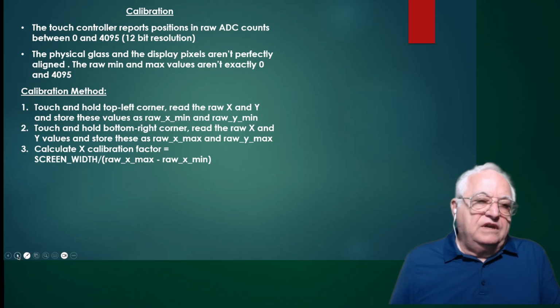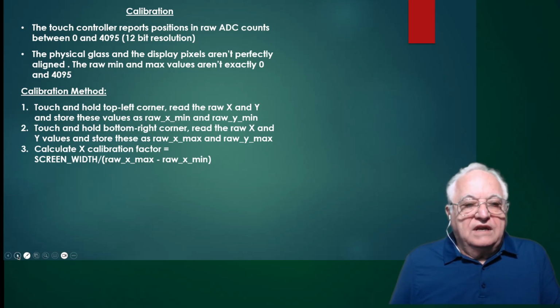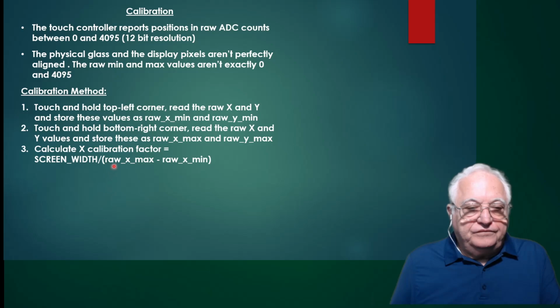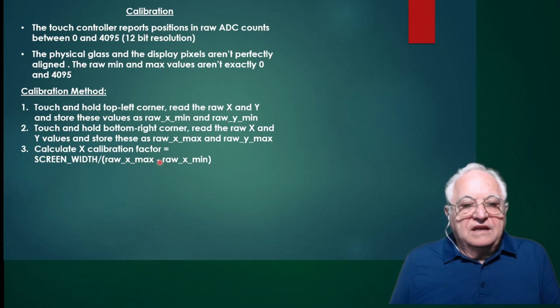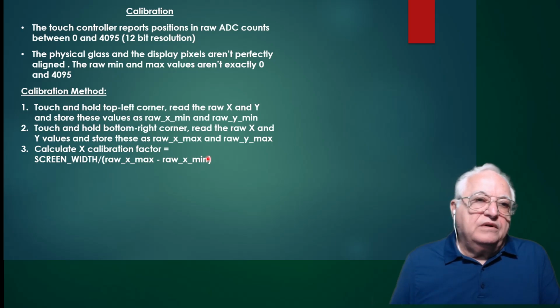Next, we are going to calculate what I call a calibration factor. So I take the X max and subtract the X minimum. And that's going to give me the number that I have. And then I'm going to take the screen width and divide it by that.